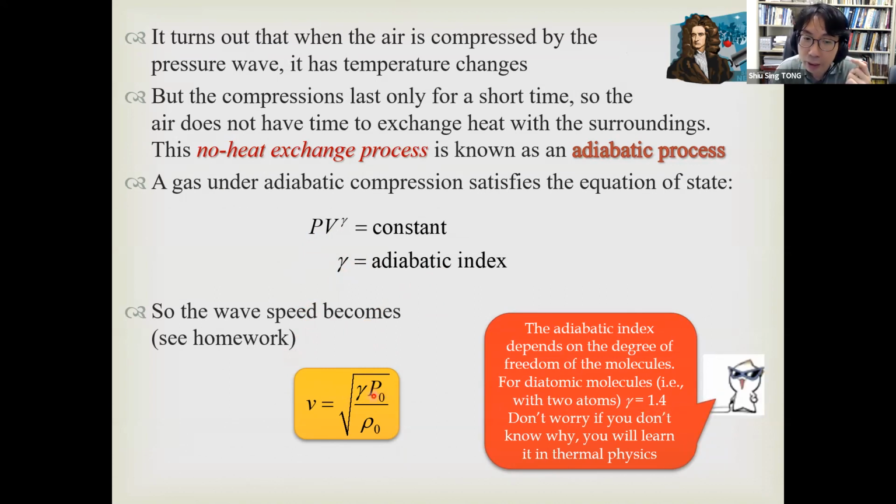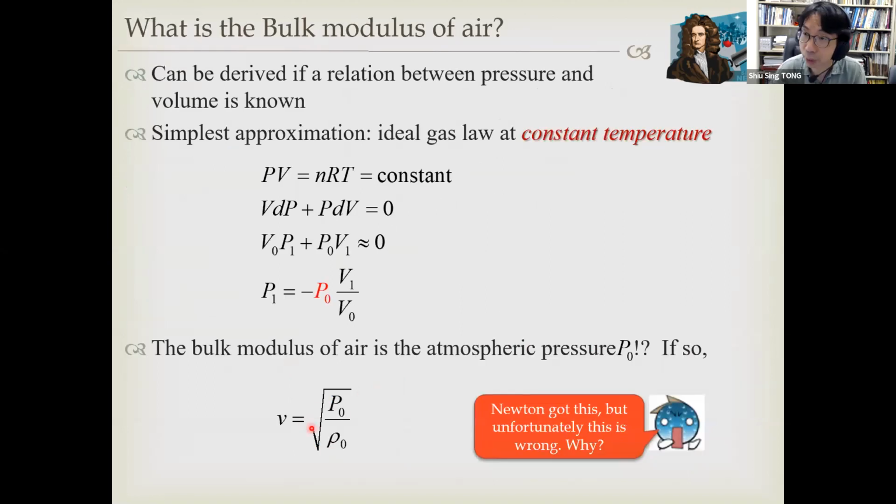So eventually, if I take B equal to gamma P naught, then the velocity of sound will be the square root of gamma P naught over rho naught, which is larger than this value.